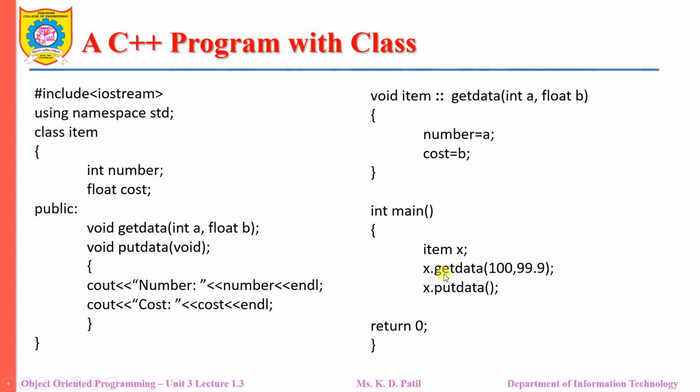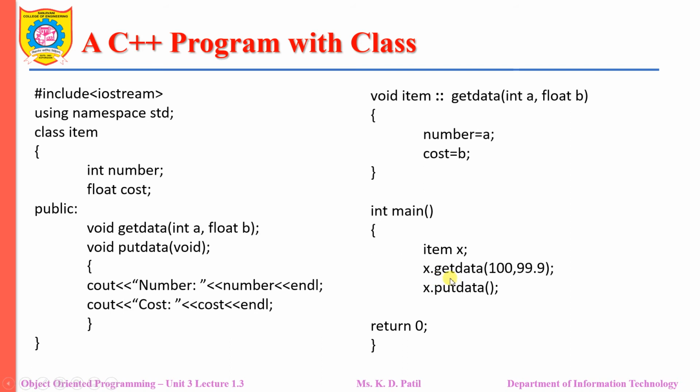This is the way we use the member functions and the data members of the class. So x is the object of my class, and x dot, that is, dot is the dot operator: object name, dot operator, and then member function. This is the way we are using the member functions, and we are using the private data members of the class.